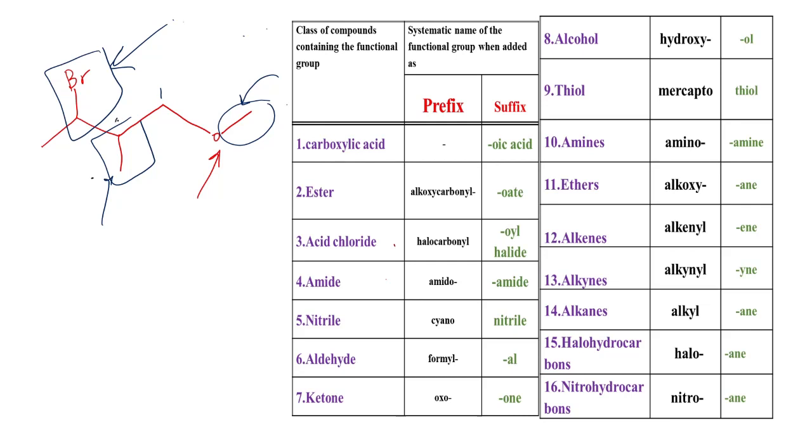We start numbering from the carbon that's near the ether group. So the name will be 3-bromo, 1-methoxy, 2-methyl butane.